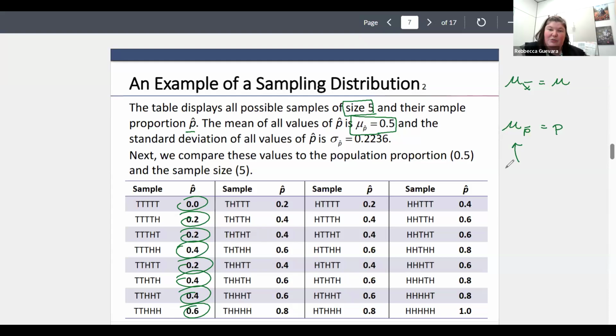This symbol here, like I said, is going to be the same as my population proportion. This is the mean of all the sample proportions.